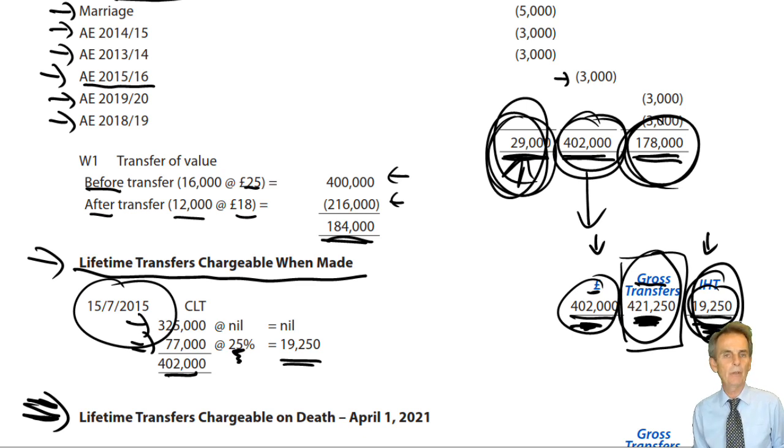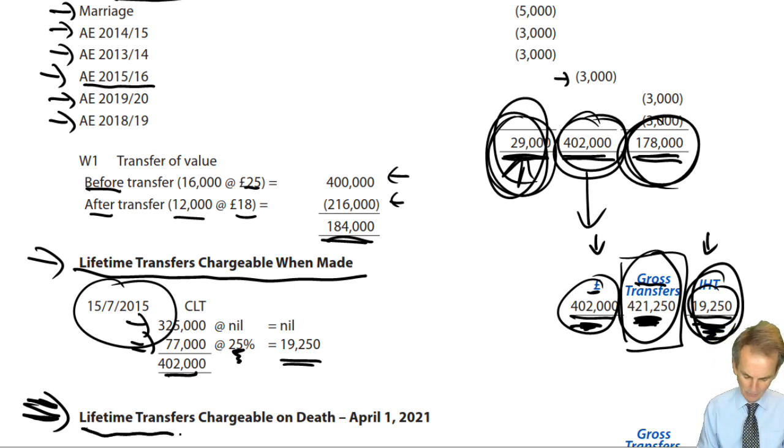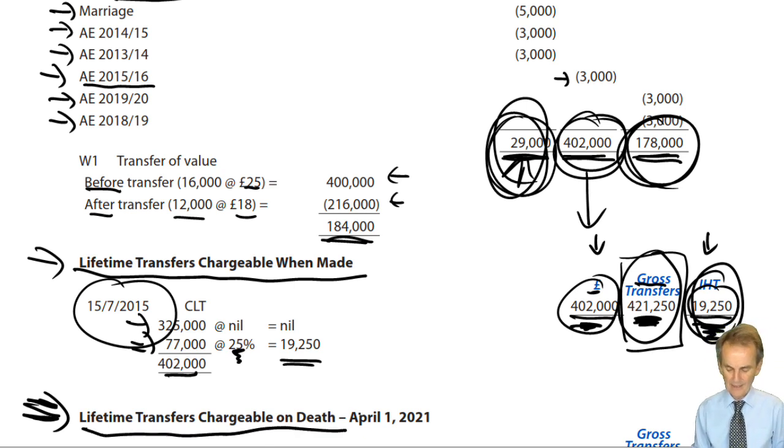But of course, even before we reduce the tax charge within the computation, lifetime transfers chargeable on death, by the amount of lifetime tax paid, there is another deduction, of course, that is available not just to CLTs, but also to PETs.